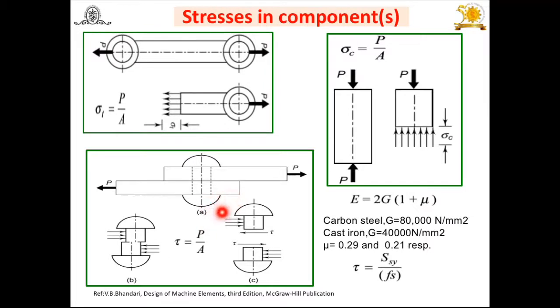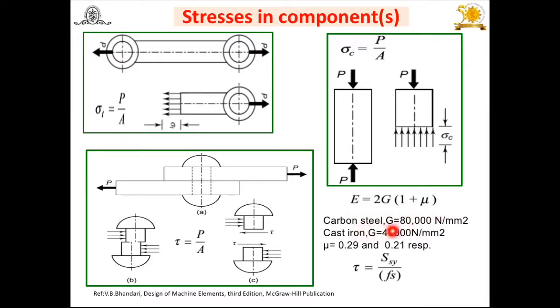And because of that, another term, capital G, is known as the constant of proportionality or modulus of rigidity, which plays an important role in the case of shear stresses. E is the modulus of elasticity, mu is the Poisson's ratio. And you know very well the relationship between the modulus of elasticity, modulus of rigidity, and Poisson's ratio is given by E is equal to 2G into (1 plus mu).